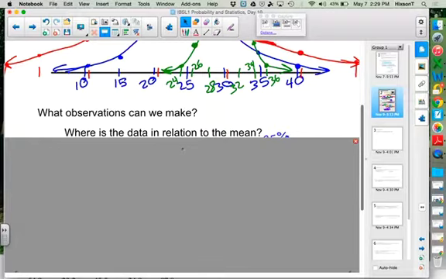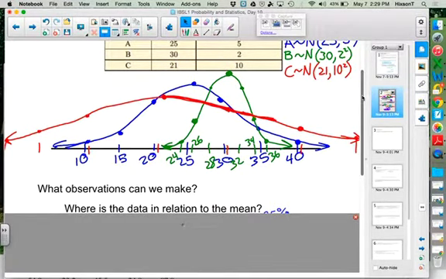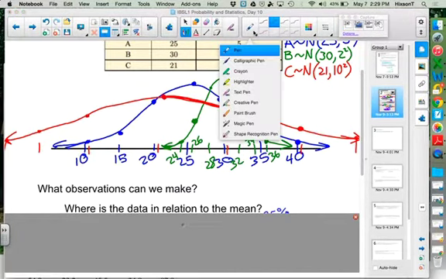Okay? If I picked a random number in the data, what's the probability that it lies within a certain range? Okay? And actually, let's look at these three. What's the probability that I pick a number and it's between 25 and 30? Okay? Let's just look at that range for a moment.